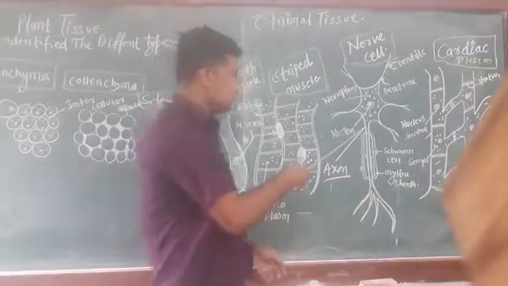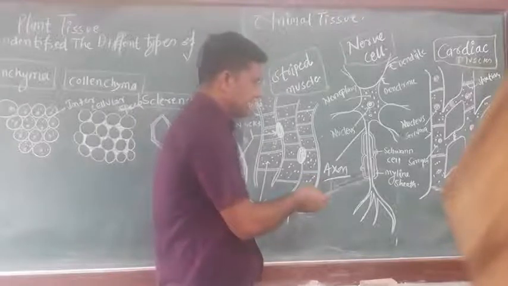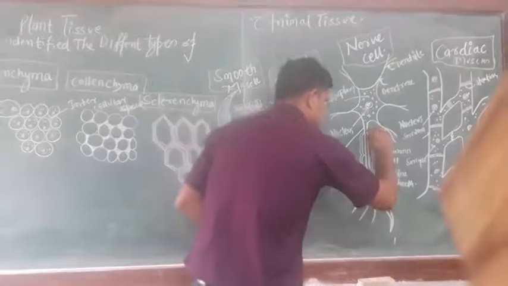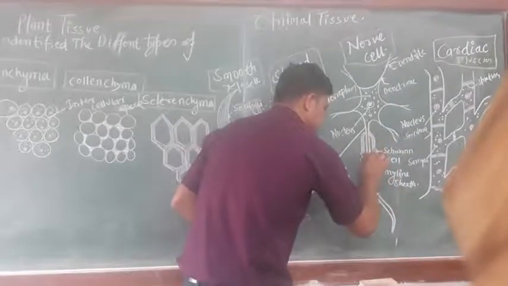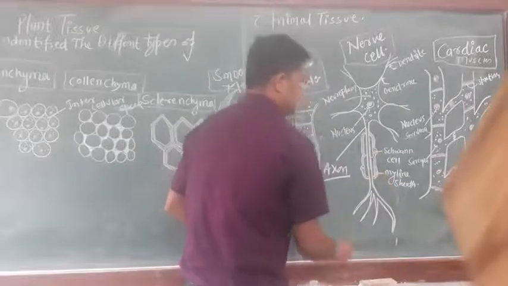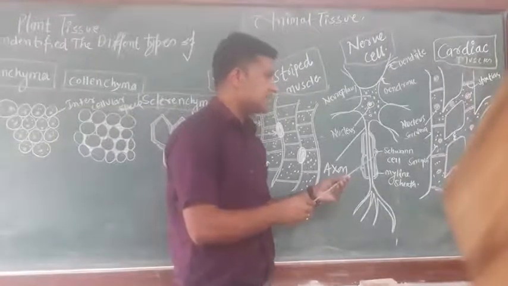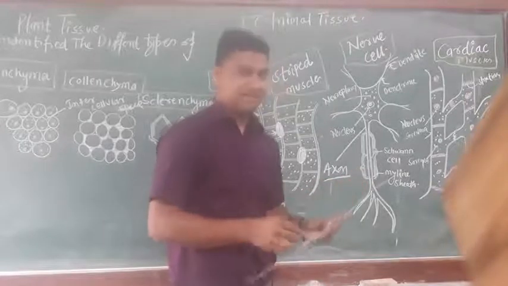The axon is a straight tubular structure. The axon is covered by the myelin sheath. The covering layer is called myelin sheath. In between the myelin sheath, we have a cell. This cell is called Schwann cell.